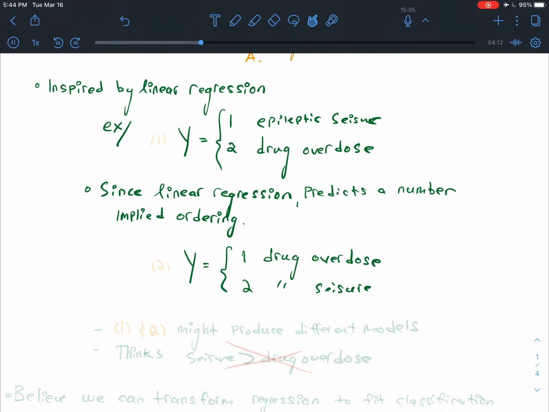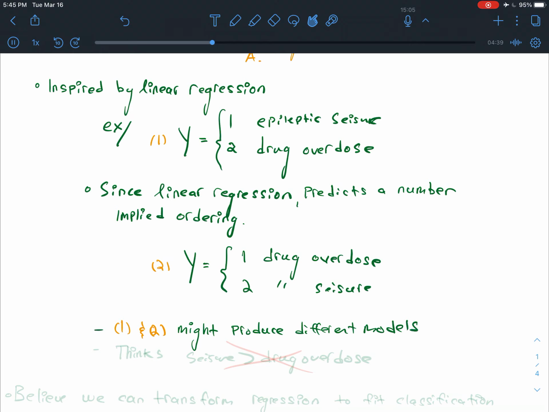These technically would both work, but the issue is if I were to look at both of these constructions, let's call them construction 1 and construction 2, they might produce very different models. And that's quite bad.